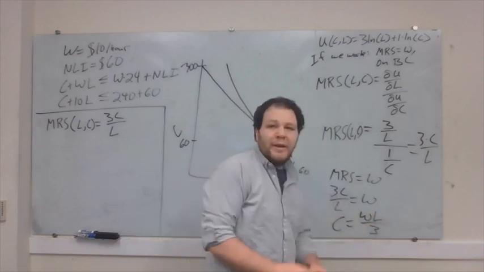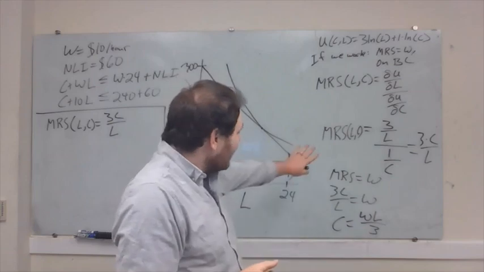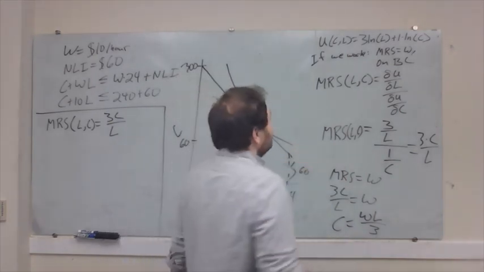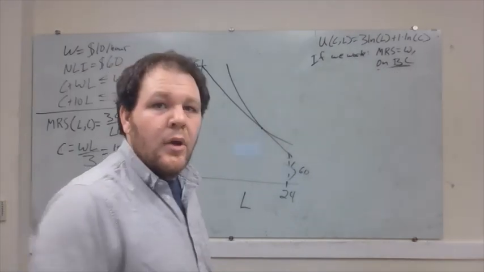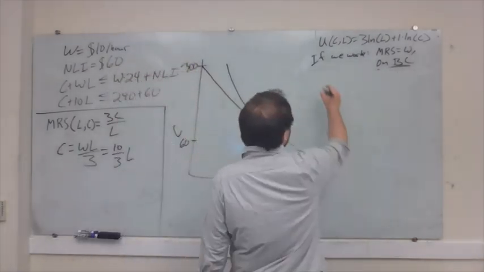So what do I do next? What I do next is plug this into my budget constraint. My budget constraint is C plus 10L has to equal 300.